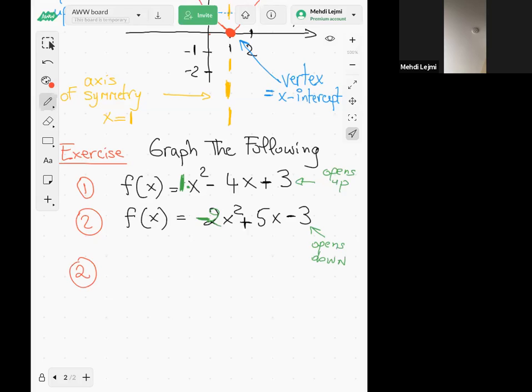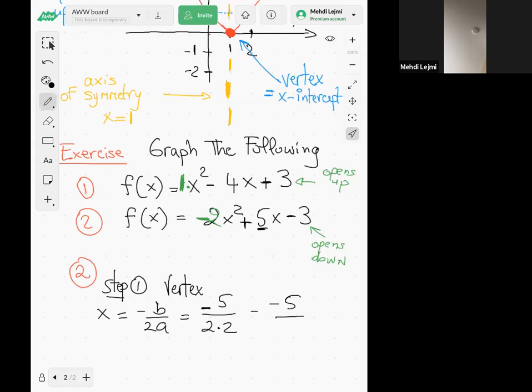Step 1, you have to find the vertex. The x coordinate is minus b over 2a, right? So minus b is minus 5, over 2 times a, so minus 5 over 2 times 2, so negative 5 over 4.